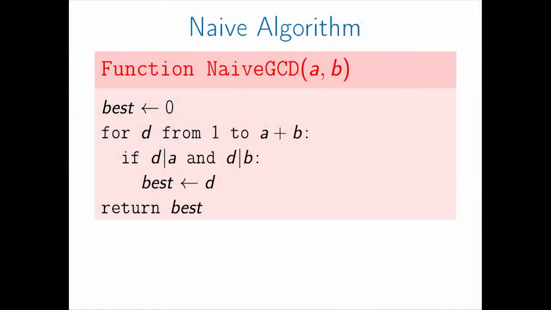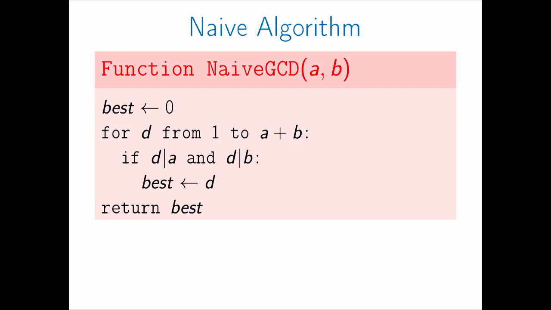Well, let's get started. Let's start by just finding an algorithm that works. What we'd like is the largest number that divides both a and b. So one thing we can do is check all of the numbers that are candidates for this, figure out which ones divide a and b, and return the largest one. So there's an easy implementation for this. We create a variable called best and set it to 0.